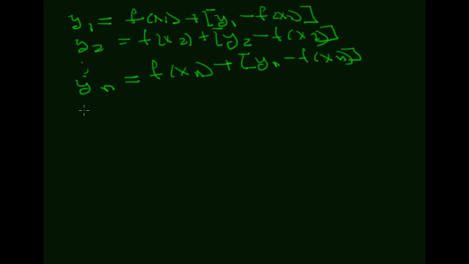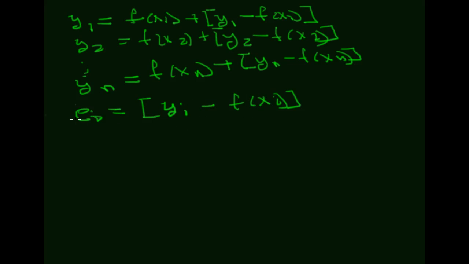So we're going to let ei be this thing, yi minus f(xi). These are our errors, the things that we're going to add up, square, and then try to minimize.